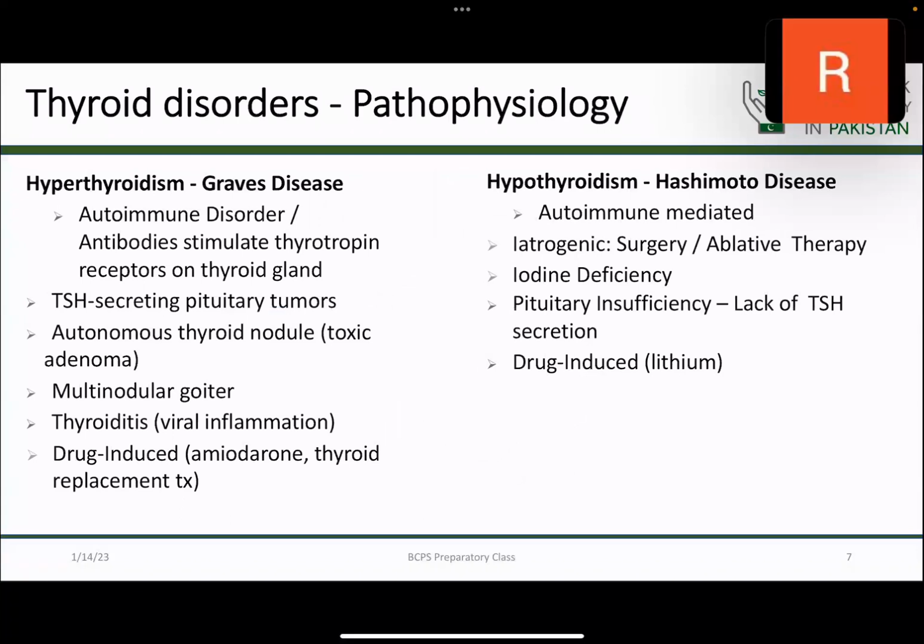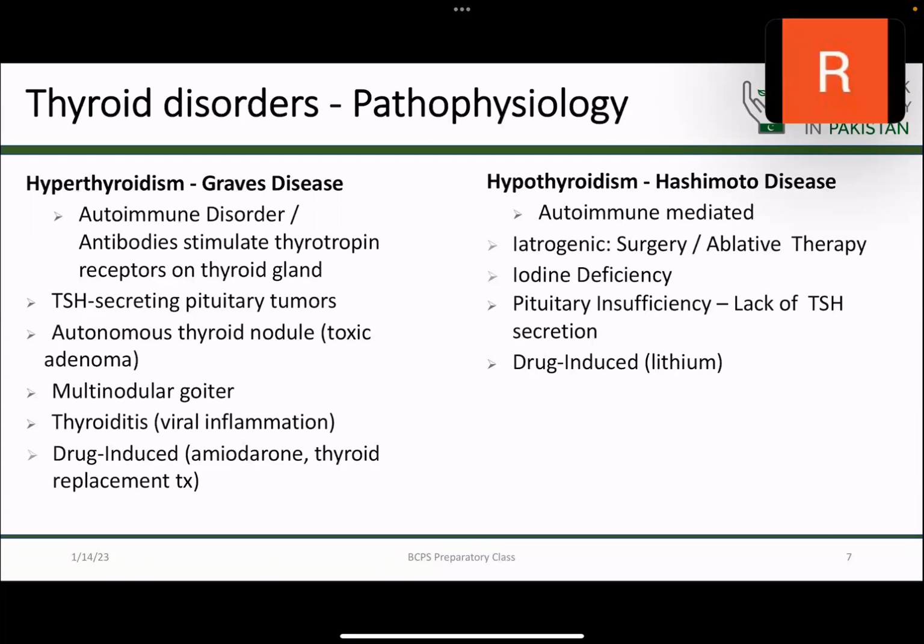So whenever these receptors are stimulated, obviously thyroid gland will release thyroid hormones, irrespective of the fact that these receptors are not actually stimulated by thyrotropin, but by antibodies which the immune system has generated against these receptors.